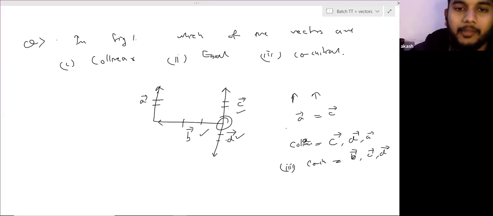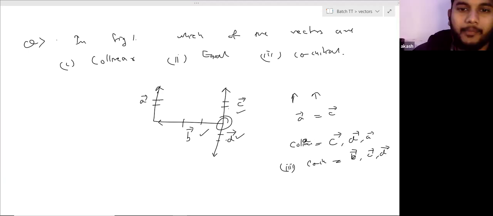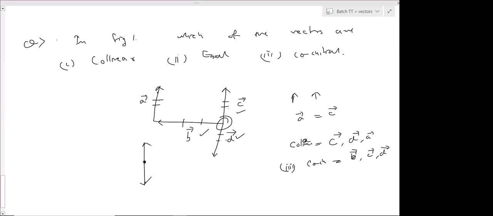Is everyone clear about this? Yes. How are C and D collinear? See, actually, I did not draw this straight, but please assume this is one straight line. All right. Yes, sir. Now this is clear.